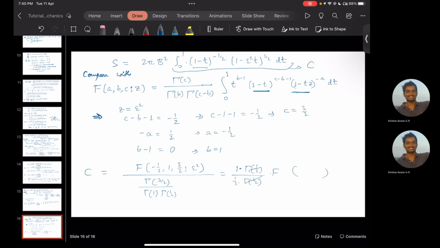So this cancels out to have 2f, right? Therefore s is equal to 4 pi b squared and f of minus half, 1, 3 by 2 and epsilon squared. Mind you that b is nothing but the actual b of this spheroid.